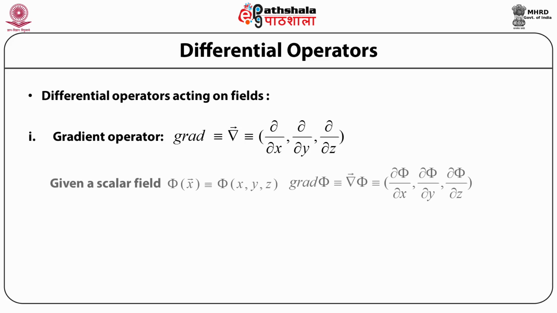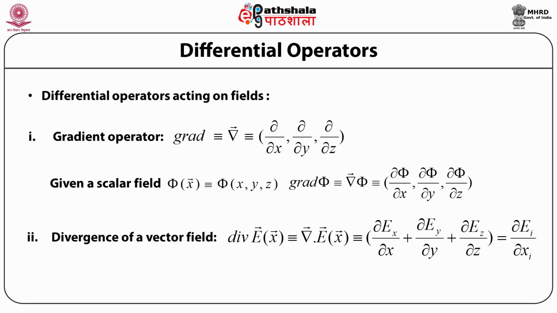Now, if we have a scalar field given by phi as a function of vector x, that is phi as a function of x, y and z, then the gradient of this scalar field, that is the del operator acting on the scalar field phi, is given as del phi by del x, del phi by del y, and del phi by del z. These are the three components of this gradient acting on the scalar field.